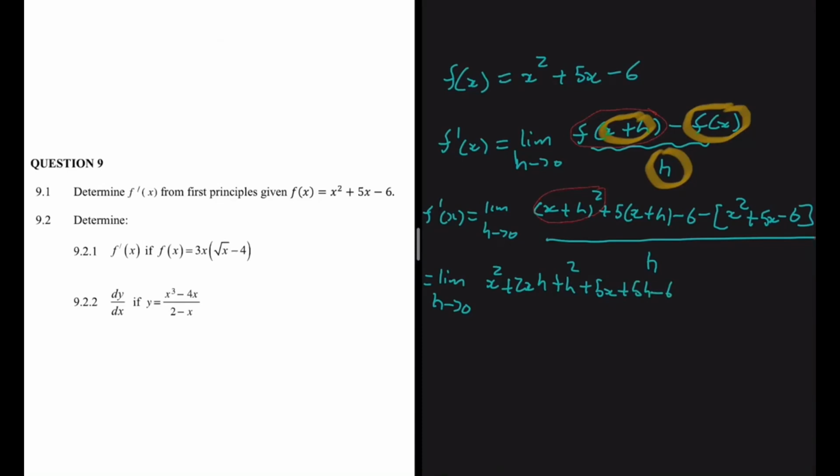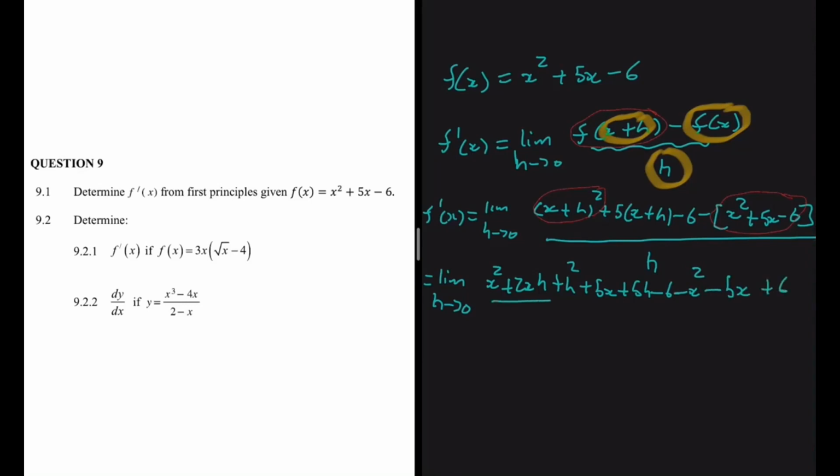And now we can take the function out of the bracket. We have a minus there, so minus multiplied by x squared will be minus x squared. Then minus multiplied by 5x will be minus 5x, and then minus multiplied by minus 6 will be plus 6.